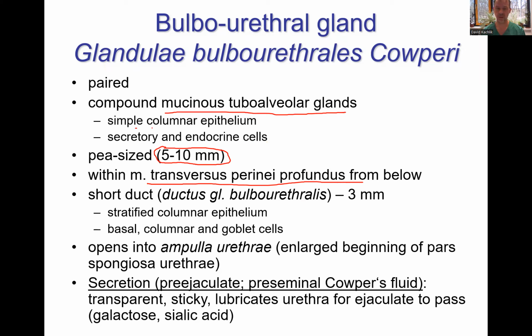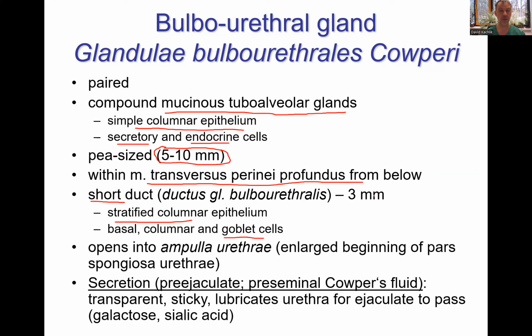So it contains again simple columnar epithelium with the main secretory cells and some paracrine endocrine cells, featuring a short duct with stratified columnar epithelium and some goblet cells, because now we are in urethra, so we need also the goblet cells to produce mucus.